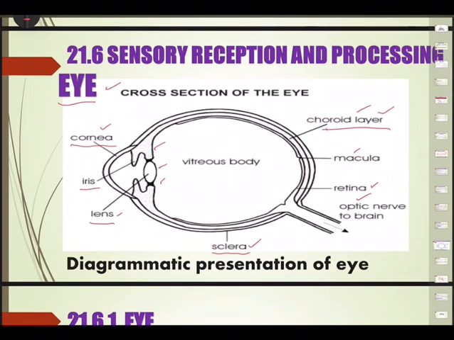This is the lens. And the iris forms a pigmented circle attached to the ciliary body in front of the lens. The movement of the iris controls the size of the pupil.